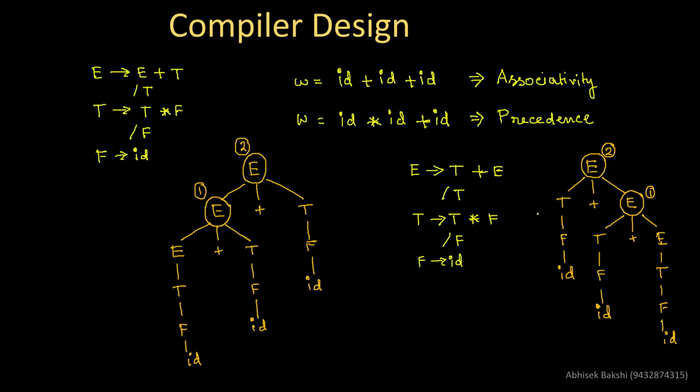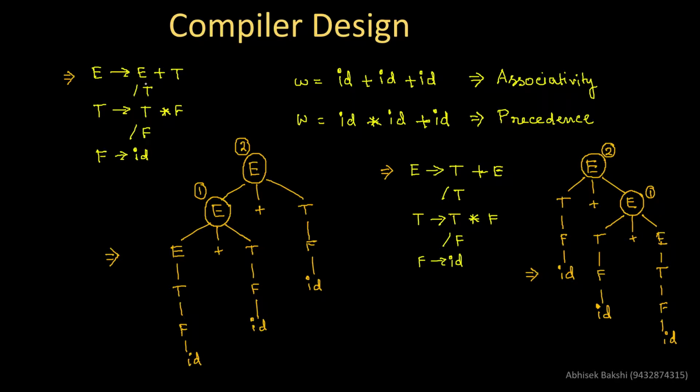Fine. But the question is, how will we understand whether the plus in your expression is right associative or left associative? Just try to compare the production rule that I have written over here with this particular tree, and the production rule that I have written here with this particular tree.